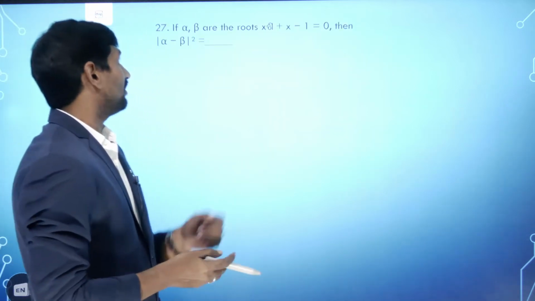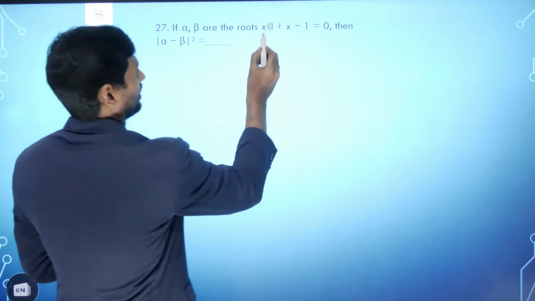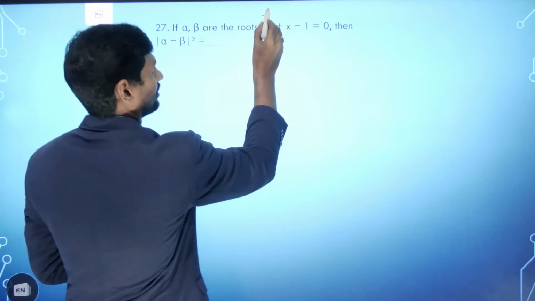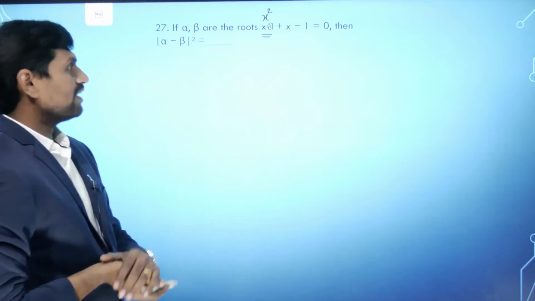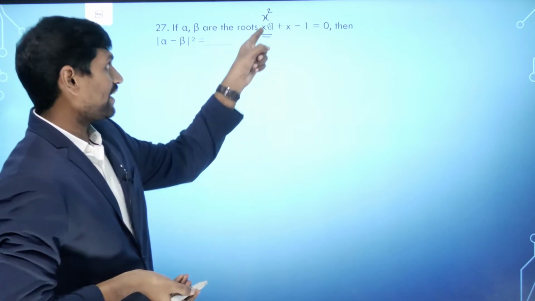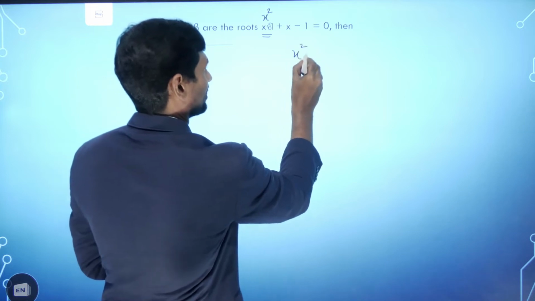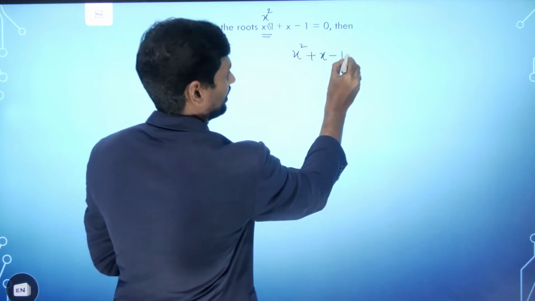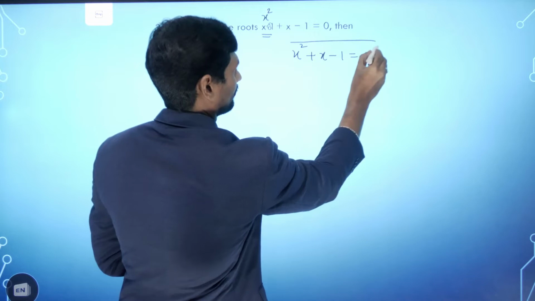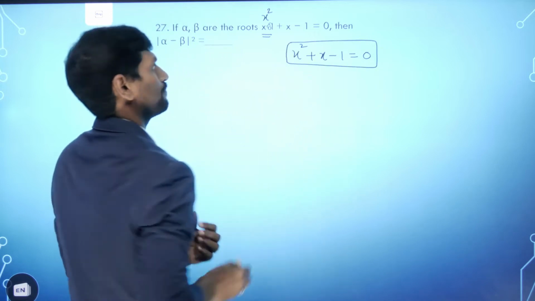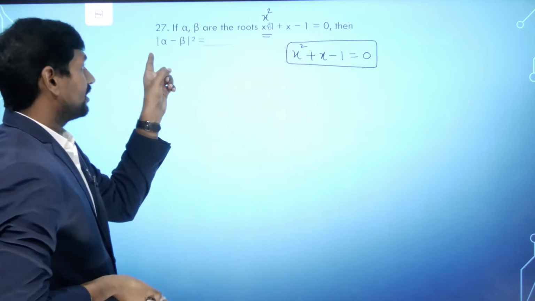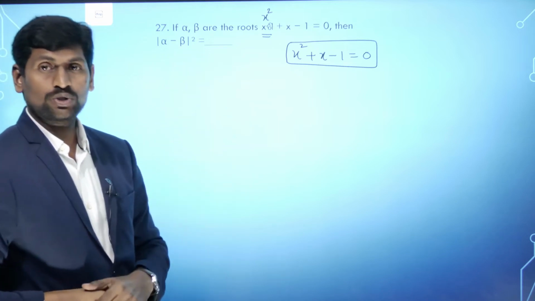27th one. Alpha, beta are roots of x square plus x minus 1 equals to 0. Then alpha minus beta whole square.